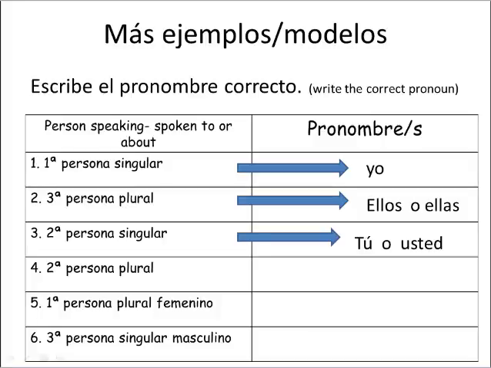So here we go, número cuatro, segunda persona plural. So now we're in second person, but now instead of singular as the previous one, we're talking plural. So it would be me or I having a conversation between you and somebody else, meaning you guys. Now it's plural. So in this case, again, we have a couple options. We have the vosotros and vosotras, you guys, which is only used in Spain.